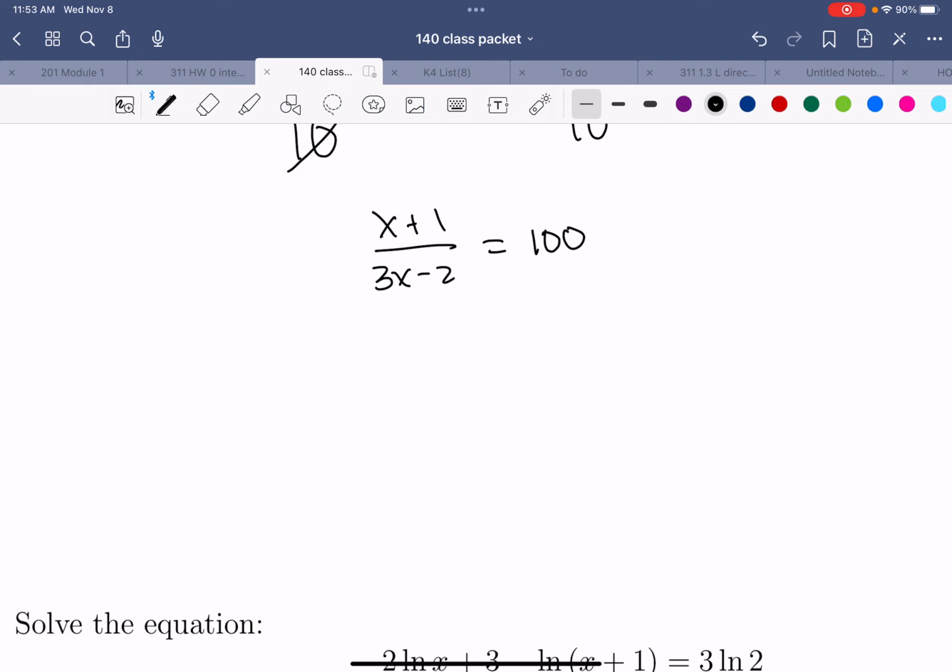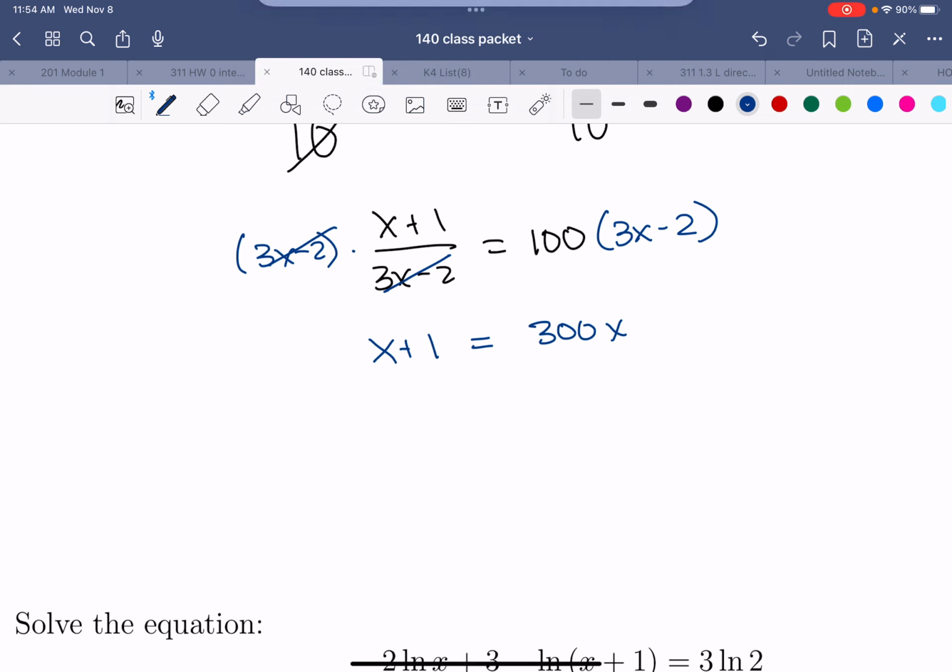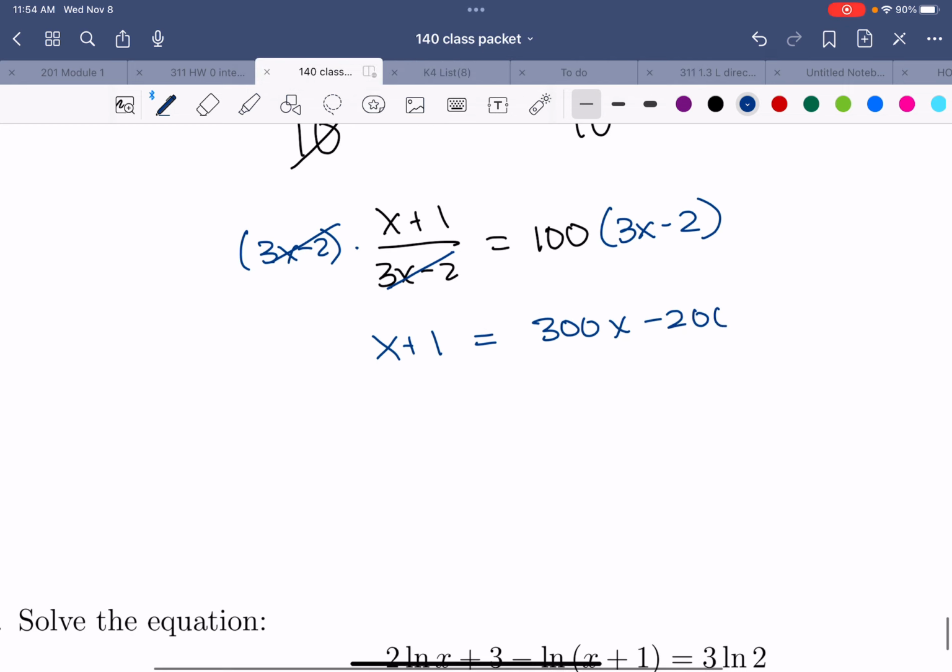Then we're going to go ahead and multiply by your denominator, so times 3x minus 2. On the left-hand side, they cancel, and we just get x plus 1. And on the right, we have 300x minus 200. And let's add the 200 to both sides and subtract the x.